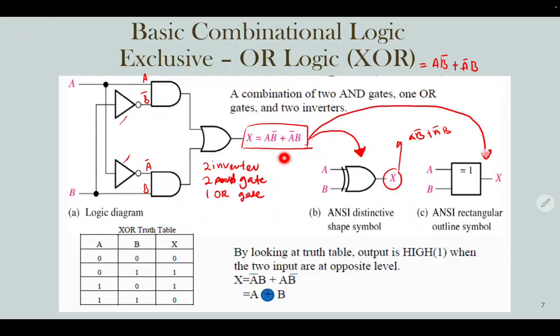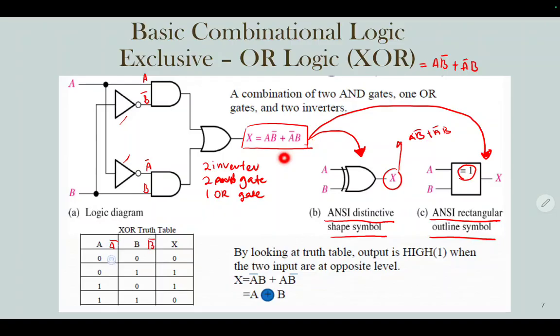This symbol is like this, A B equals 1 box X. This one is for the ANSI rectangular outline symbol. This one is known as the ANSI distinctive shape symbol. Okay, for the logic diagram, you got A and B, which are 2 inputs, and then for the output, you have to follow A bar, B bar.